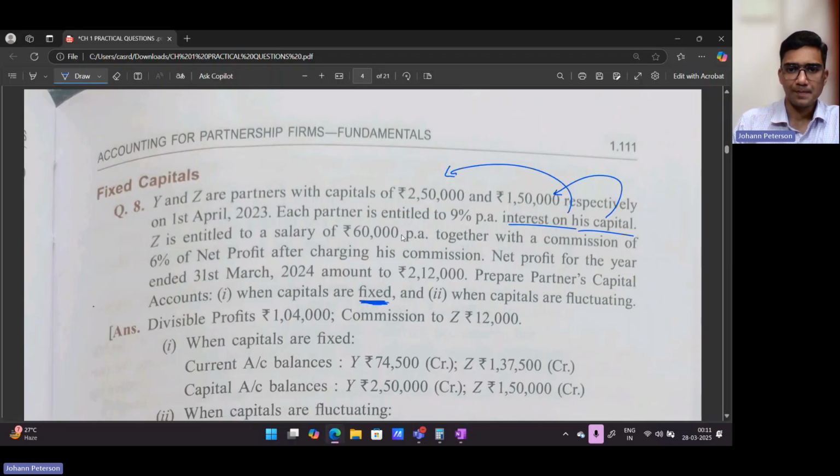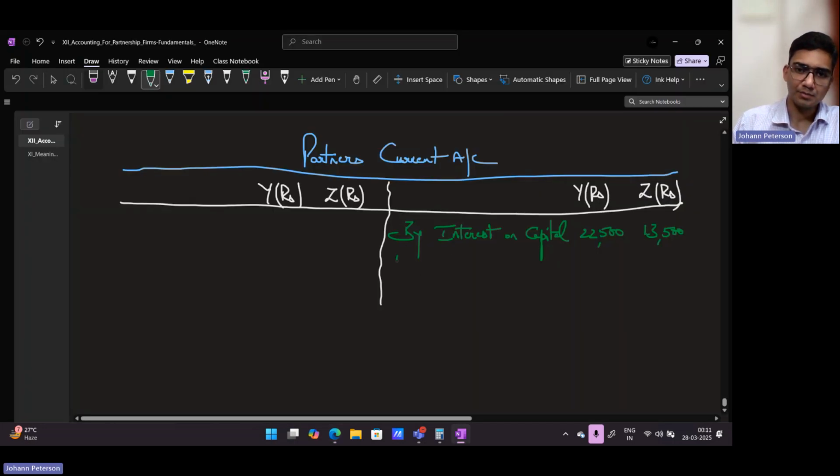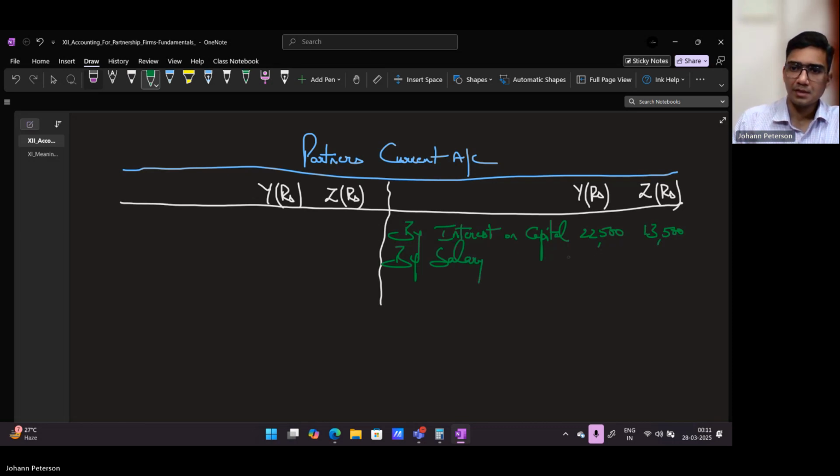What else are we giving? Z is entitled to a salary. So Z gets a salary of 60,000 per annum. So by salary, Y doesn't get, Z gets 60,000 per annum. So that is for the whole year.